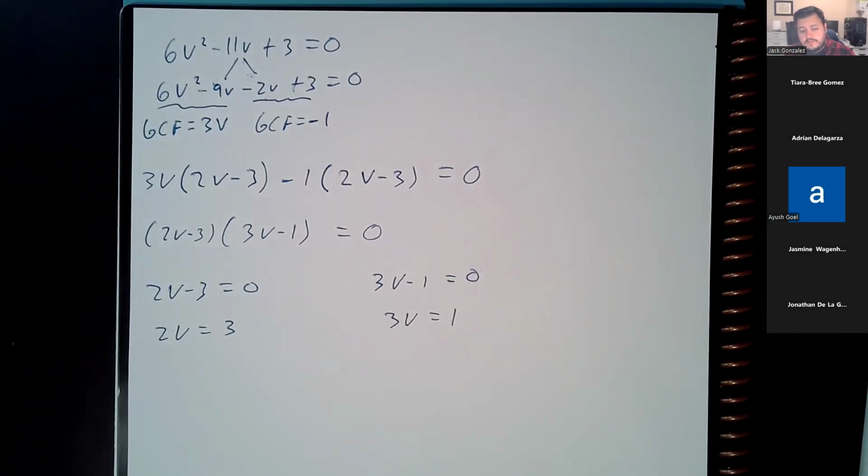Add the 3 over, add the 1 over, divide by 2, divide by 3.